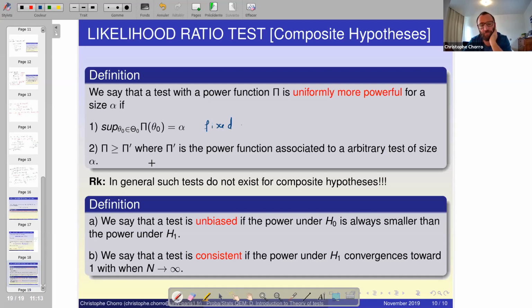So just keep in mind that the main difference between simple and composite hypotheses is that the methodology is totally the same in order to build the likelihood ratio test, but what I obtain at the end is in one case something that is absolutely perfect, that is the best test possible for a fixed level. In the case of composite hypotheses, it's not possible to find such a test, so I obtain one, and then if I want to compare with other tests, I have to do the computation and see what happens.